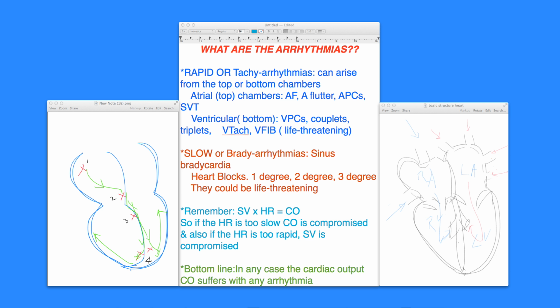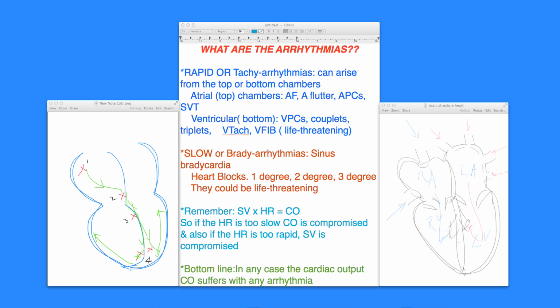Look at it this way: if the heart rate is too slow, the cardiac output by this equation will go down. But if the heart rate is too rapid, don't assume that the cardiac output is going to be higher, because the stroke volume will actually be compromised, since the heart rate is going extremely fast in those individuals, so the stroke volume will go down and therefore the cardiac output will go down.